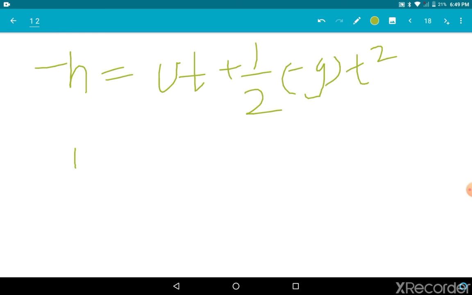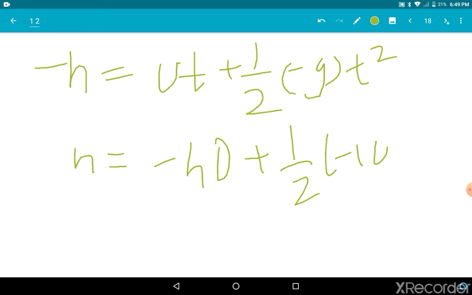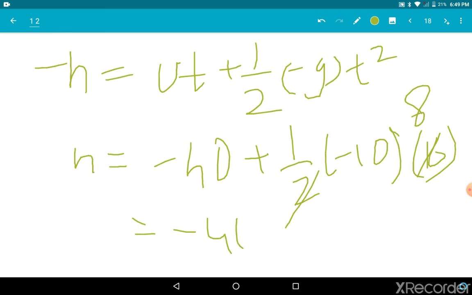So h is nothing but, sorry, u is 10, I gave, so 10 into 4 is 40, plus half into minus 10 into 16, 8 into 10 is minus 80.